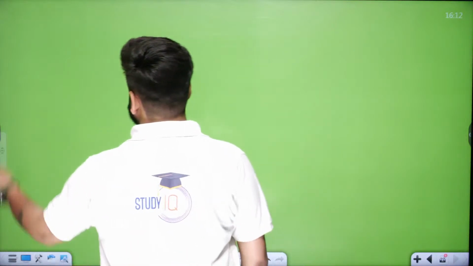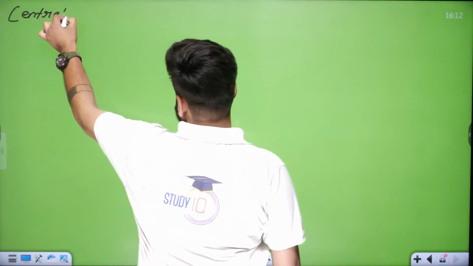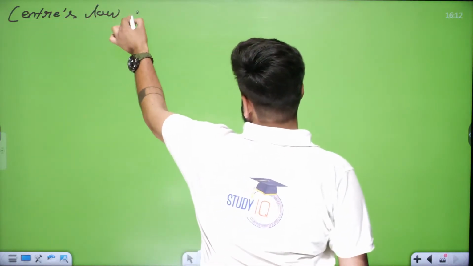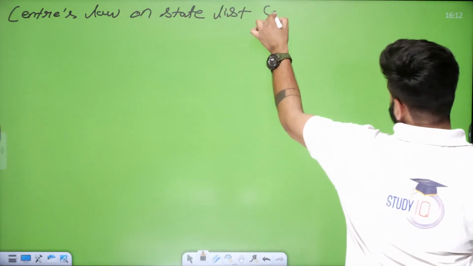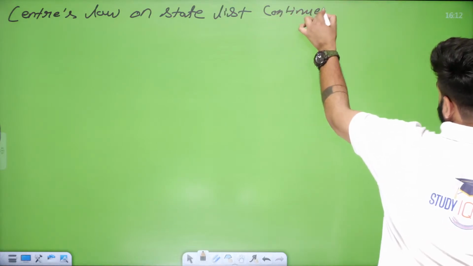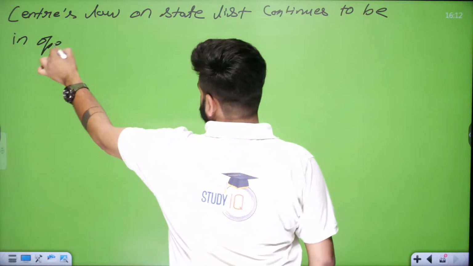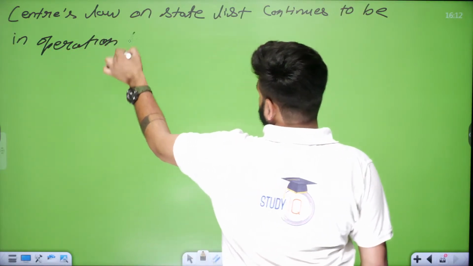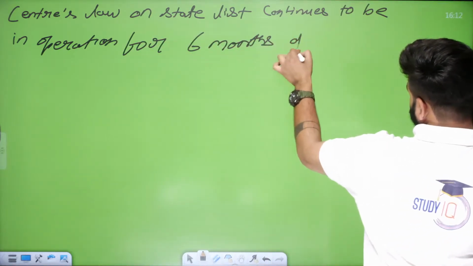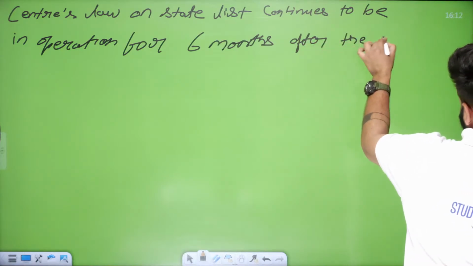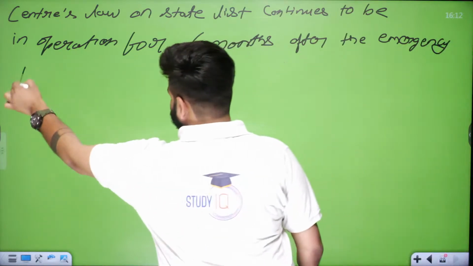Let's say, for example, the center's law on the state list continues to be in operation for 6 months after the emergency has ceased to exist.